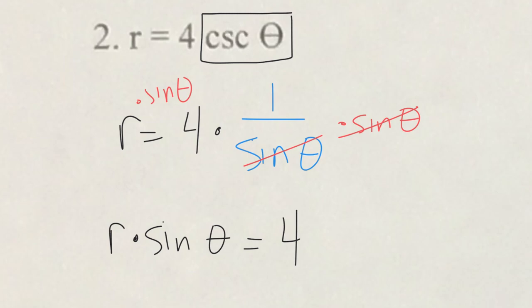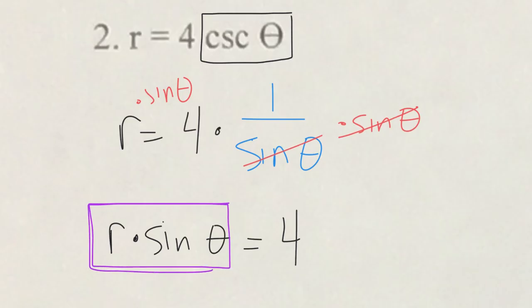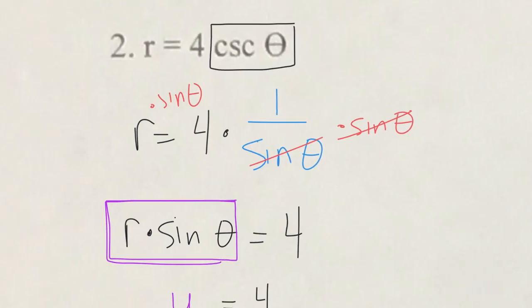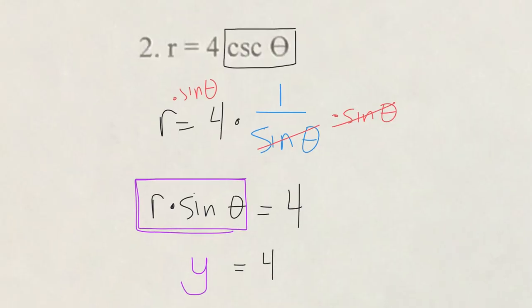So now, do we have something that we can replace? And the answer is yes. What can we replace r sine of theta with? Y. That can be replaced with the letter y. Remember, we don't want to have r's and thetas. We want to have x's and y's. So we're trying to create something that can be replaced by an x or a y.